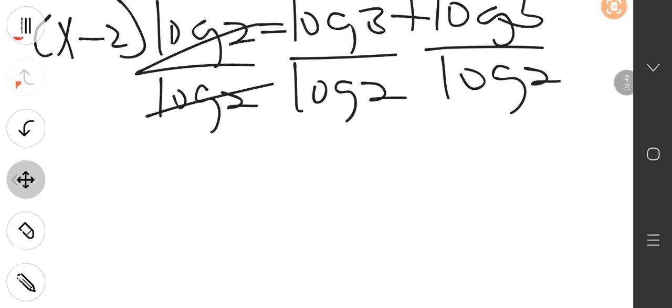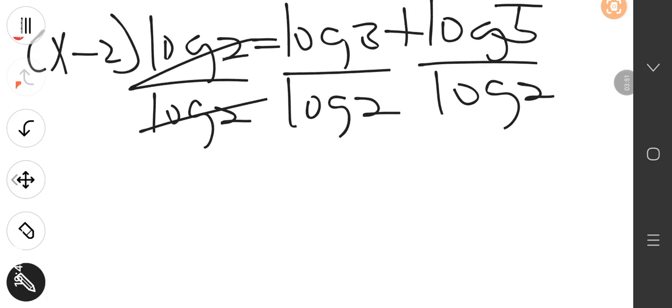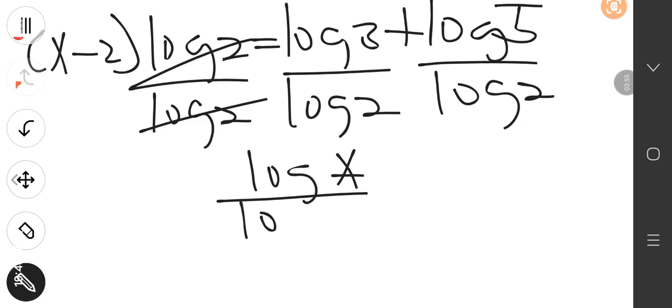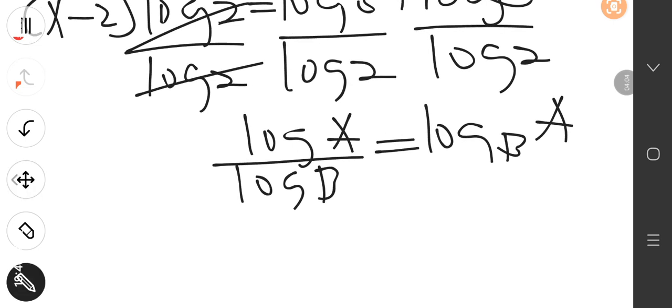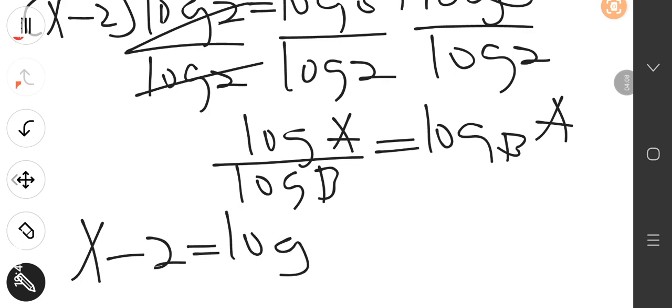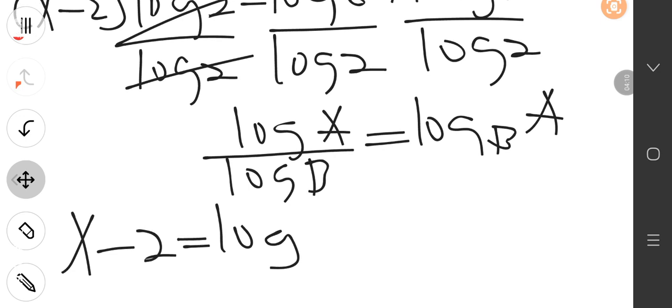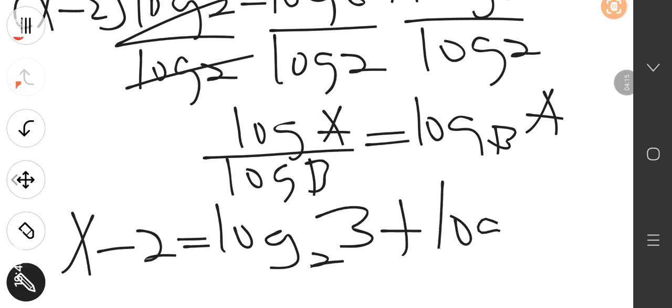Alright, so we are going to apply the change of base formula. So we say log a over log b = log a base b. So our equation becomes x-2 = log 3 base 2 + log 5 base 2.